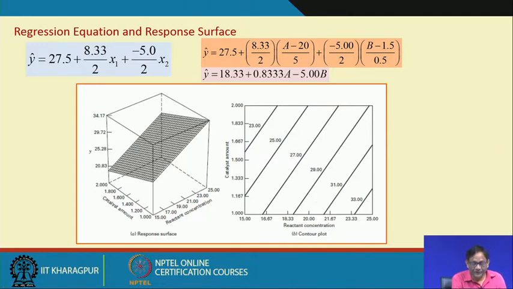Okay. So, now you know the transformation from original to coded, and again when you have the regression equation in coded variables, how it is to be converted to original variables, that also you know.